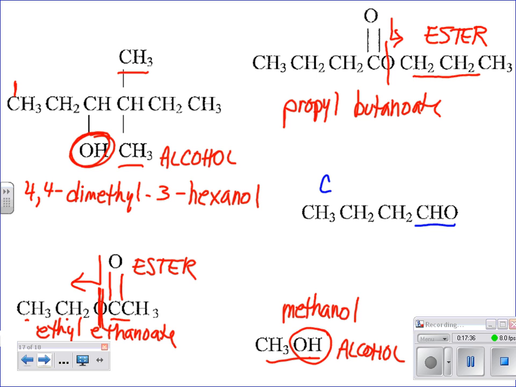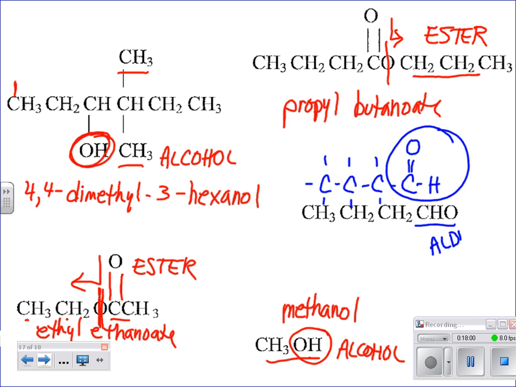So let's draw it out in more of a structural formula where we've got 4 carbons, here's 3 hydrogens, here's 2 hydrogens, here are 2 hydrogens, and then on the end I've got an H and an O. The only way to make that carbon happy is if one of those is double bonded. That's that double bonded oxygen, and then you've got a hydrogen there. That signifies that it's got to be an aldehyde. So in this case, all it's going to be is 4 carbons, so it's going to be a butanal.